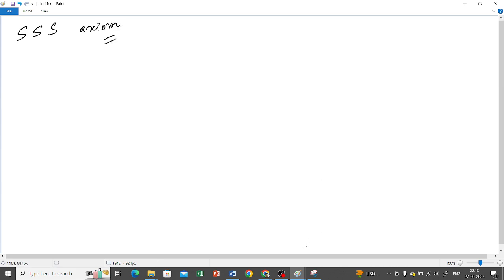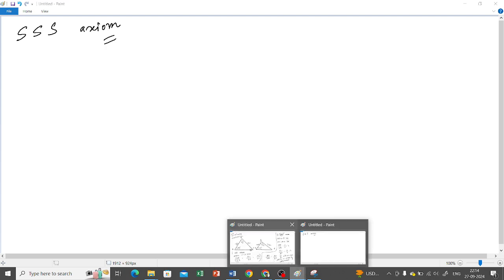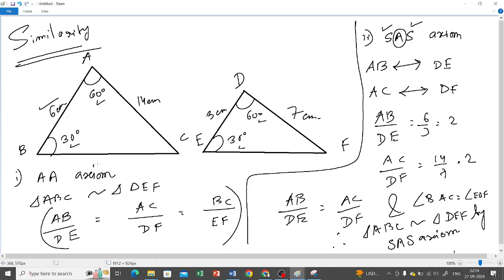Now the SSS axiom. As the name suggests, side, side, side. That means three pairs of sides should be corresponding and proportional to each other. Say this one is 10 and this one is 5.